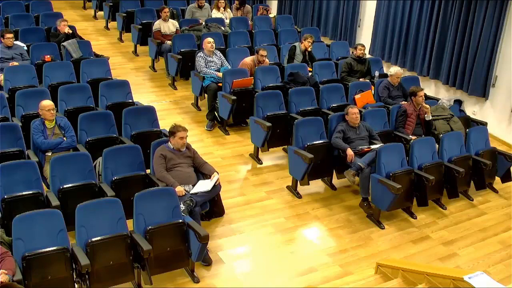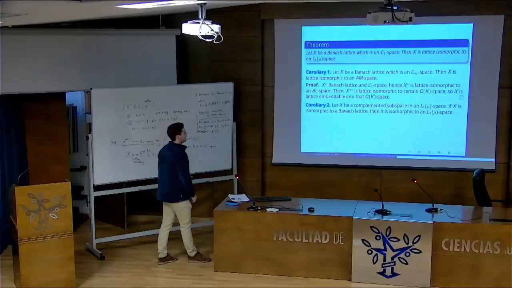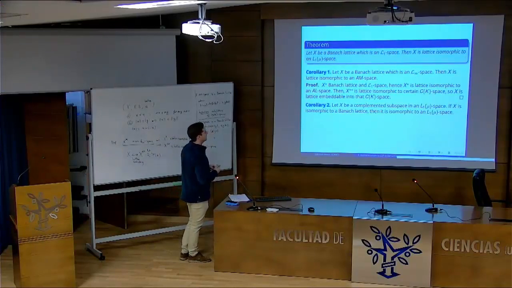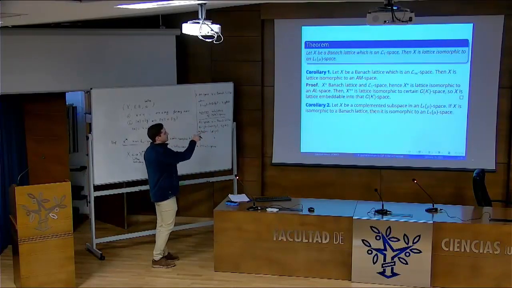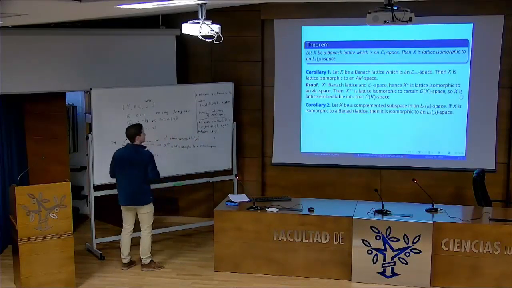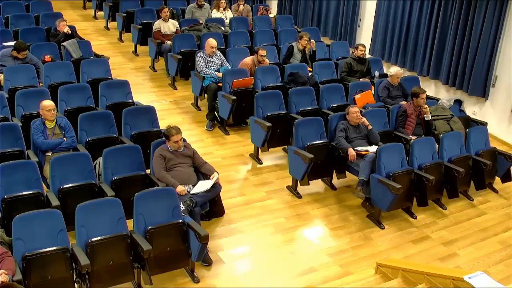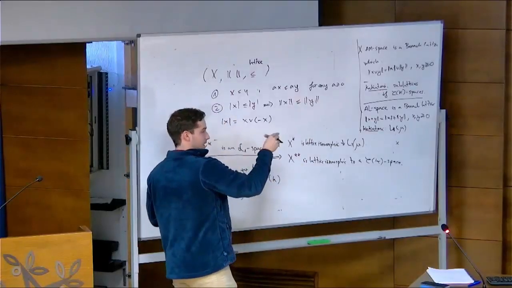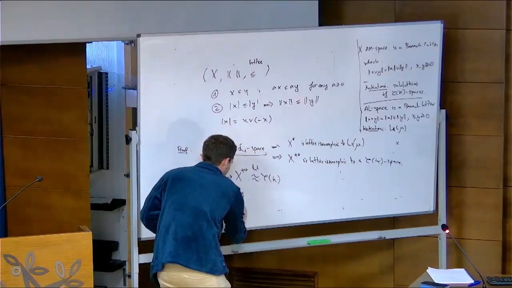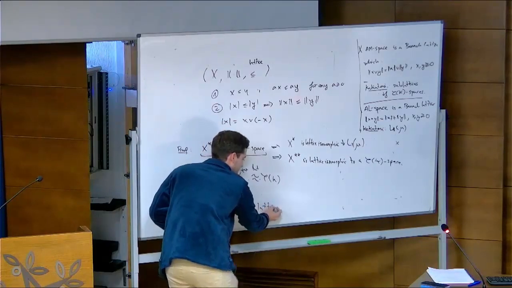Okay. Another consequence is that if X is a complemented subspace in an L1 space which is isomorphic to a Banach lattice, then it is isomorphic to an L1 space. This is due to the fact that complemented subspaces in an L1 space are script L1 spaces.